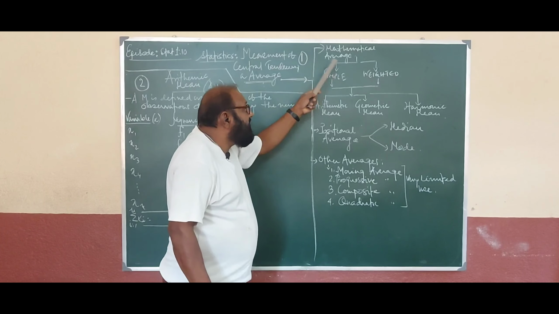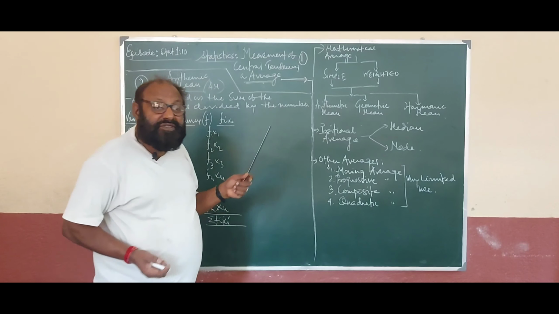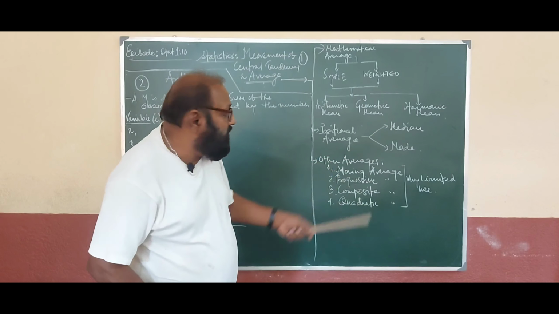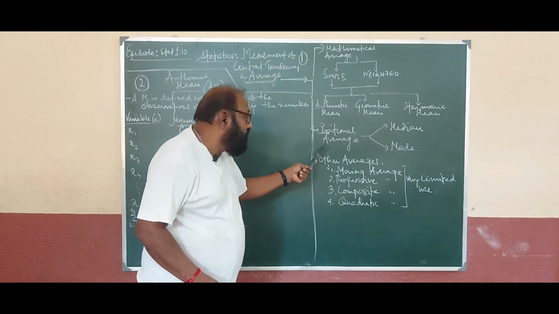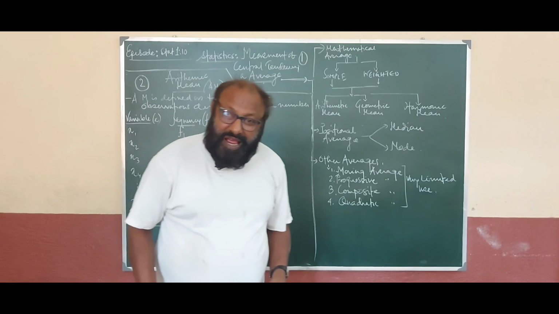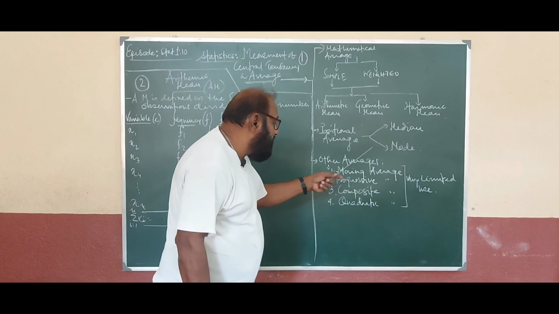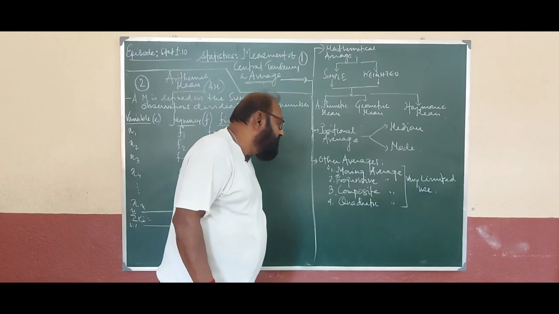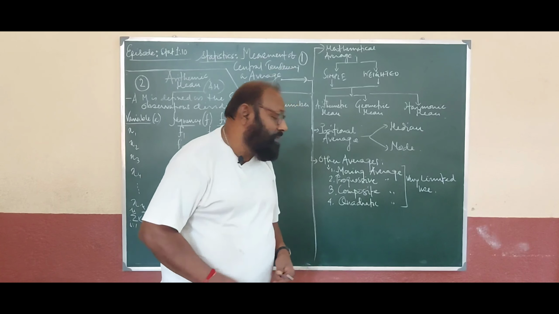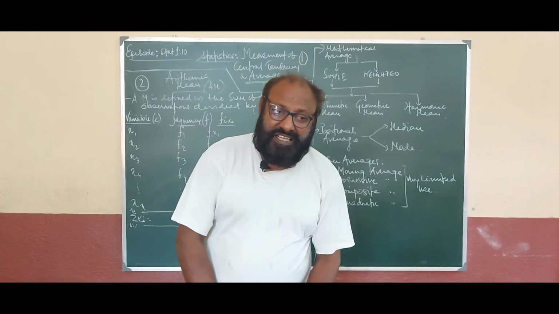So mathematical average is of three types: arithmetic mean, geometric mean, and harmonic mean. Now positional average, average of position, is of two types: median and mode. The third is other averages, that is moving average, progressive average, composite average, quadratic average. But these are not for discussion right now.